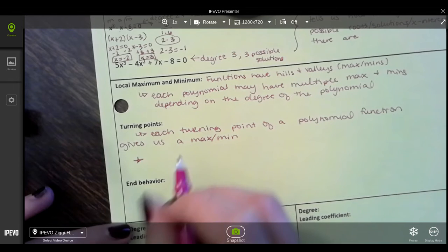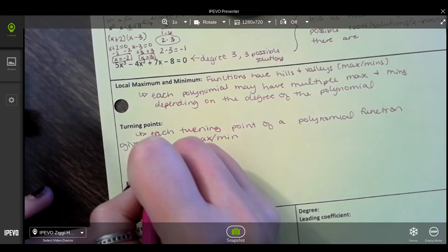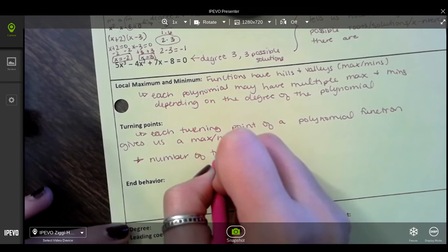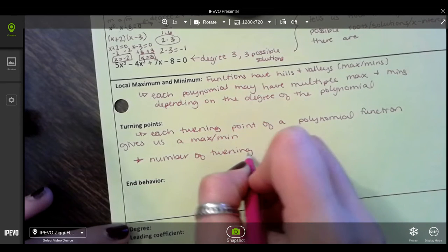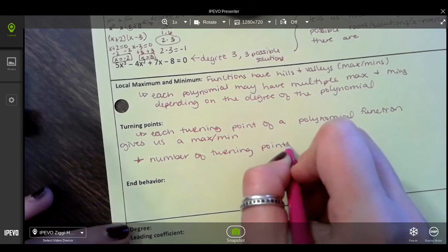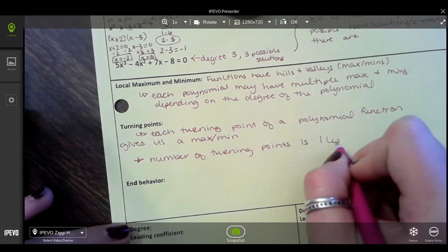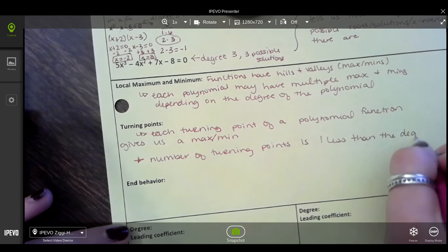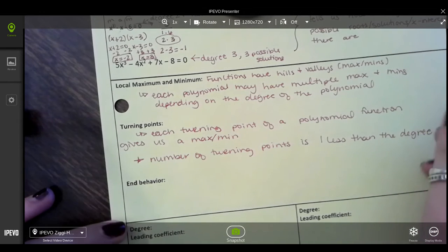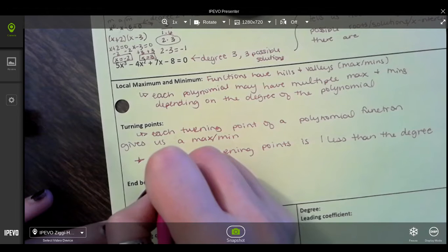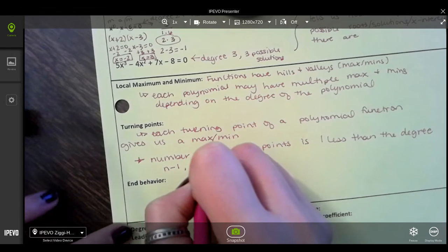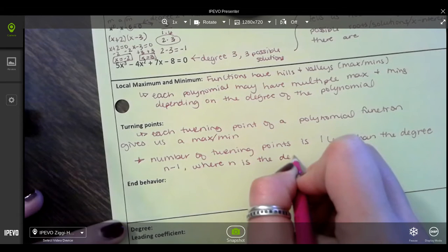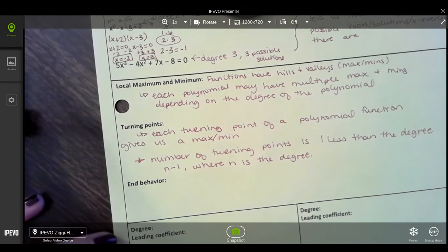What's important to know is the number of turning points is 1 less than the degree. So we say it's n minus 1, where n is the degree. We'll get into this a little bit later.